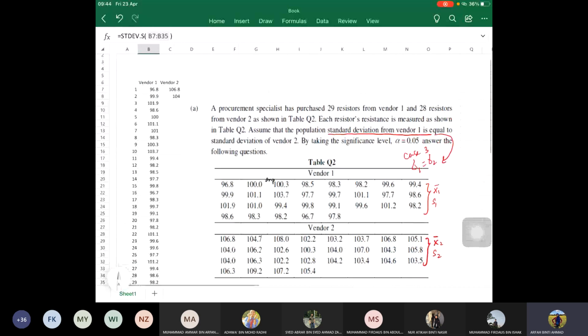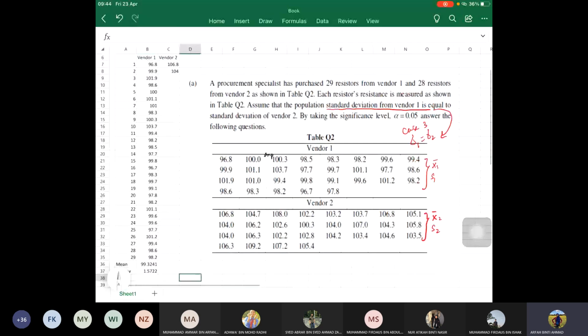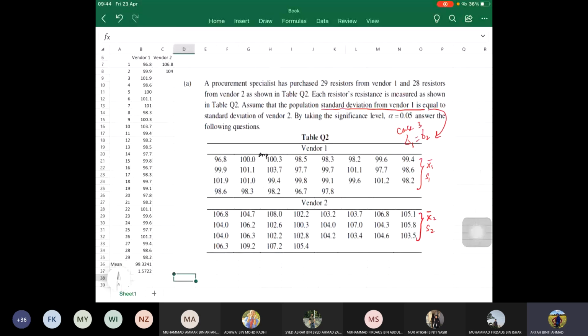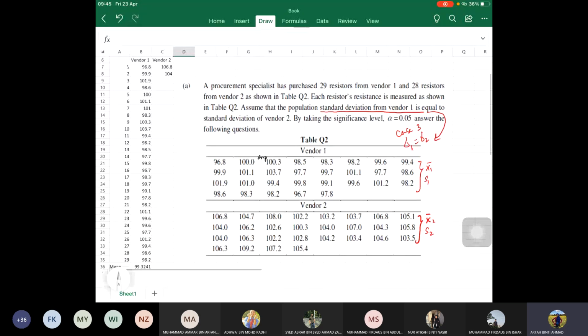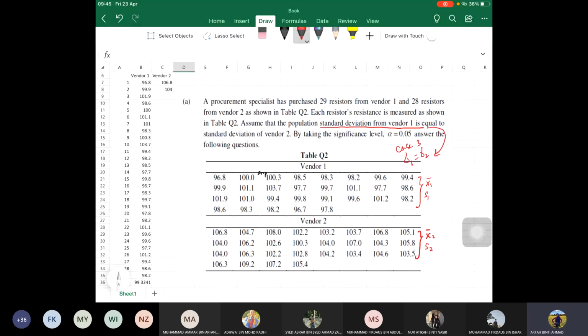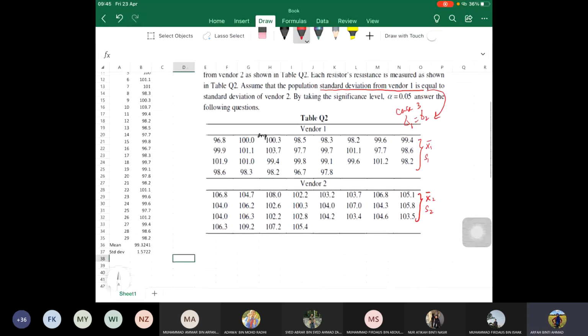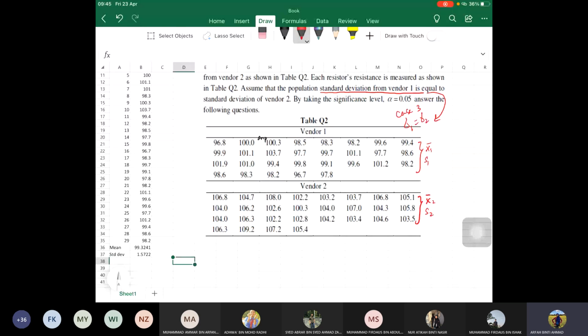Dapat berapa dia punya mean. So kita dapat untuk this one X bar 1 sama dengan 99.3241, S1 sama dengan 1.5722. So kira vendor 2, saya malas nak key in data. Tunggu jawapan awak ni.